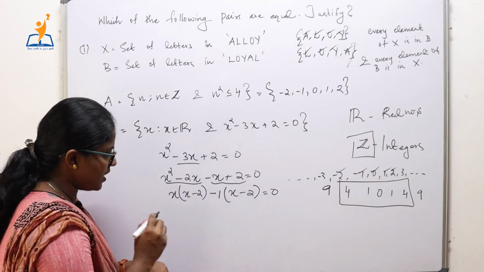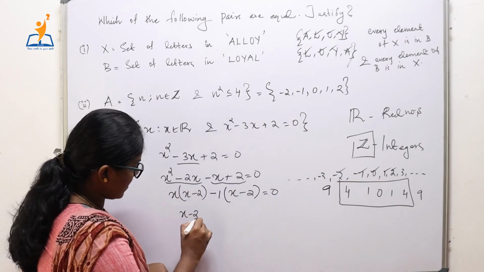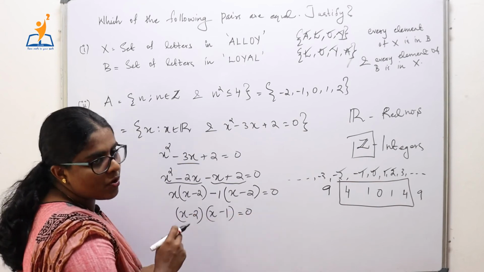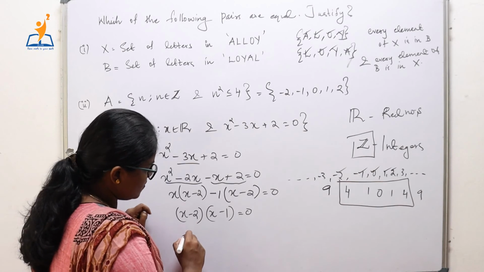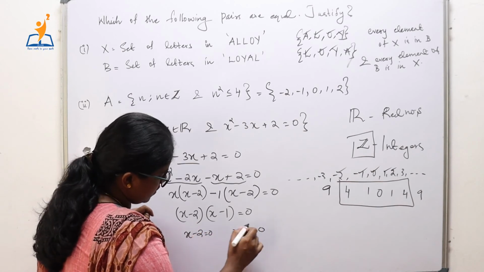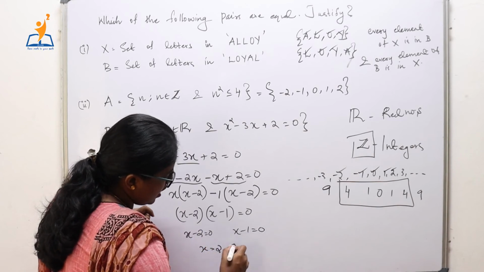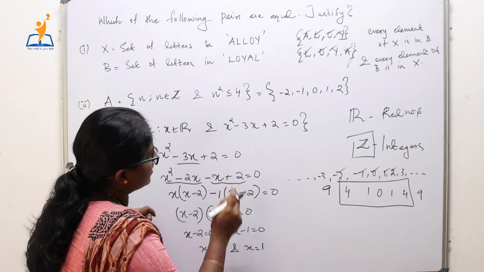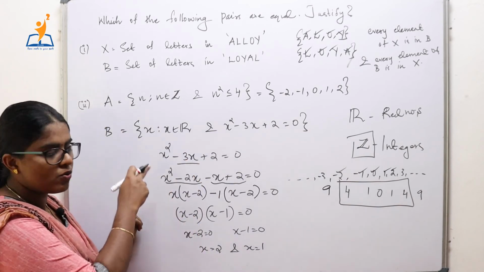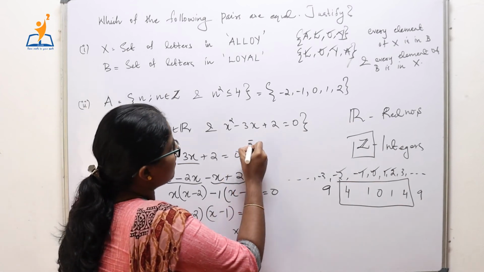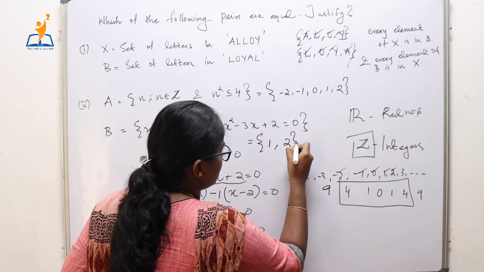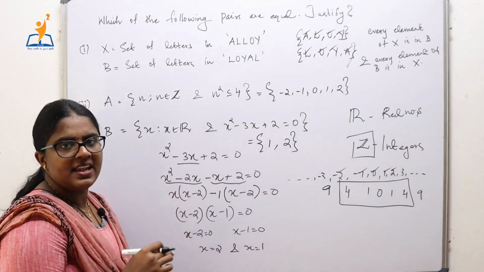Now we can take x minus 2 common, so it becomes x minus 2 into x minus 1 equals 0. The product of two numbers is 0, which means either x minus 2 equals 0 or x minus 1 equals 0. So we have x equal to 2 and x equal to 1. Both of them are real numbers and both are roots of this equation. So the elements of the set B are 1 and 2.